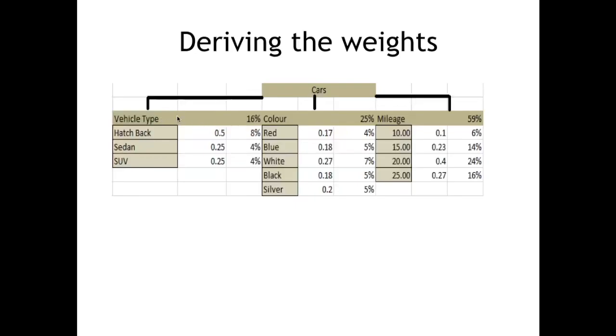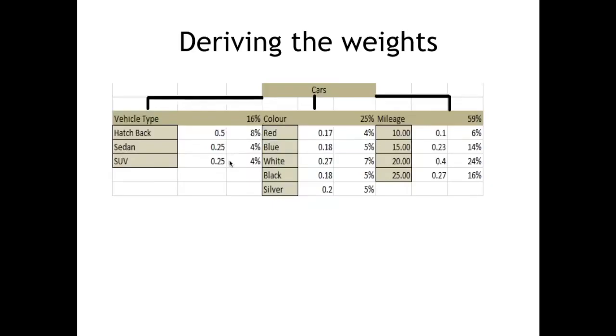As you can see, when we do the comparison of vehicle type with color and mileage, we find that vehicle type has 16% importance of weight, color is 25%, and mileage is 59%. Also, when we look at hatchback, sedan, and SUV, we find the percentages as 8, 4, and 4, and these are the weights. Also, for the color, we get all of these percentages. If we add all of these percentages up, then we get 100%.